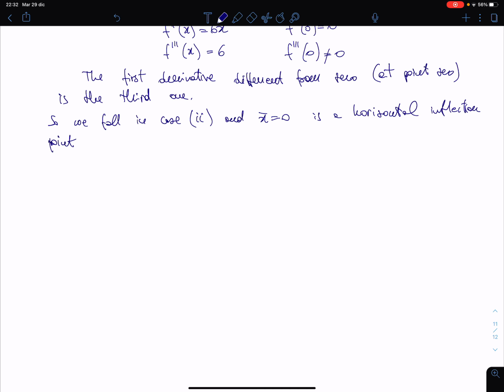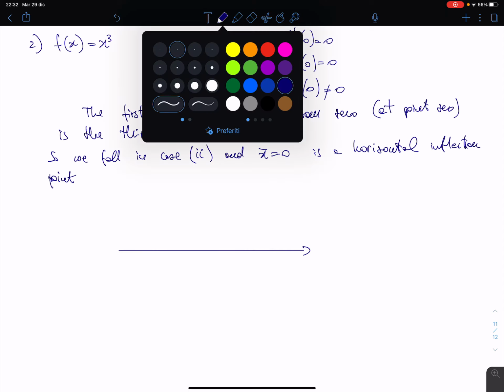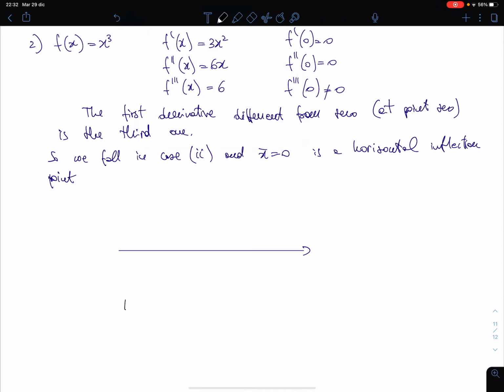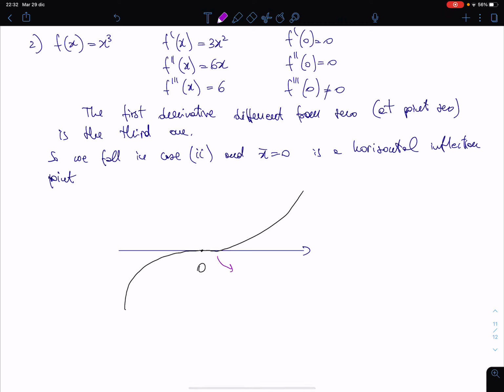So the horizontal inflection point is this one. Here we have the graph. So the tangent is, so f prime of 0 is equal to 0.